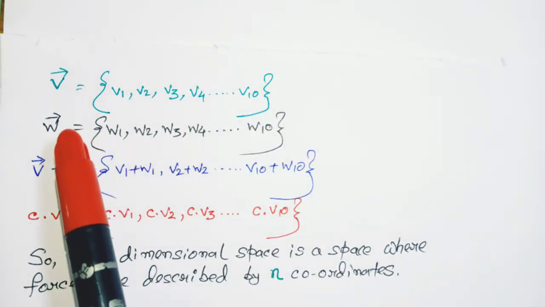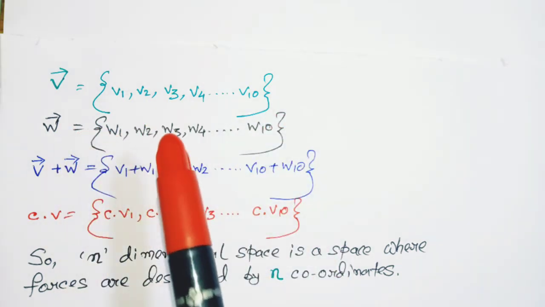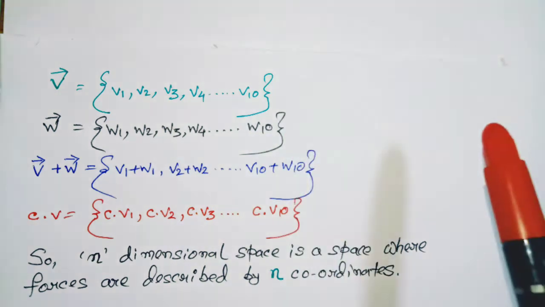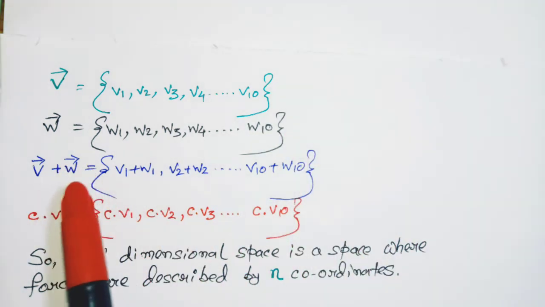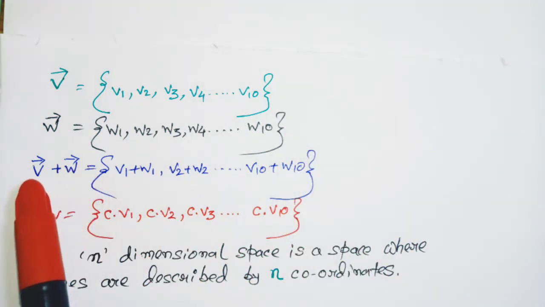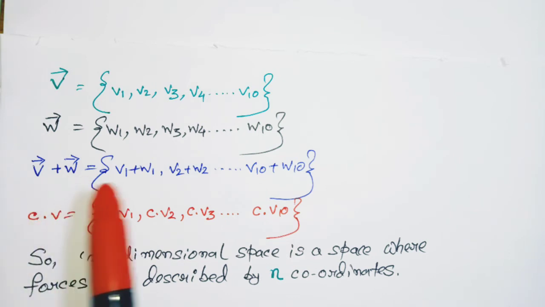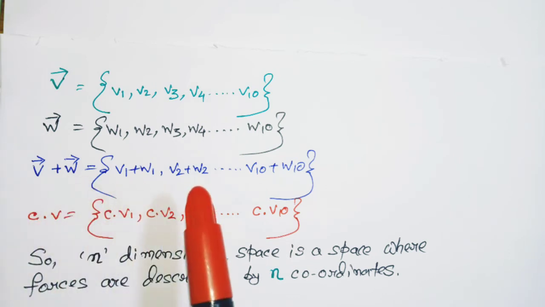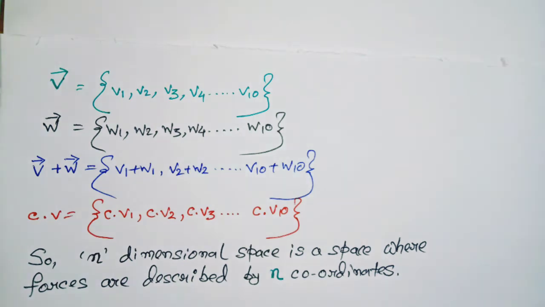Similarly, we have a vector w, which has w1, w2, w3, w4, w5 up till w10. This has an additional property: vector v added with vector w gives v1 plus w1, v2 plus w2, and so on, right? And it also has a multiplicative property. Here c is the scalar, giving c v1, c v2, c v3, c v4, continuing till c v10, right?